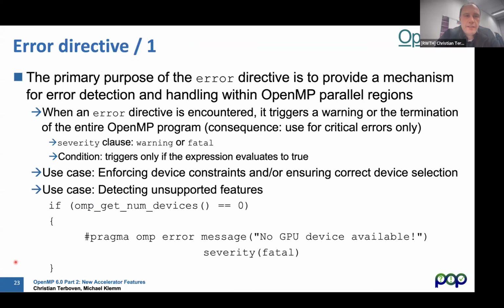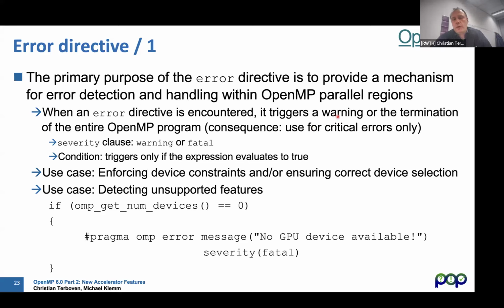Then let's take a look at the error directive. So with that, OpenMP wants to give you a mechanism to actually detect and handle errors within OpenMP parallel regions, to some extent for the host, to another extent on the device. So the error directive has in general two modes.